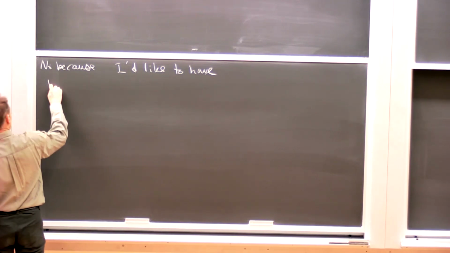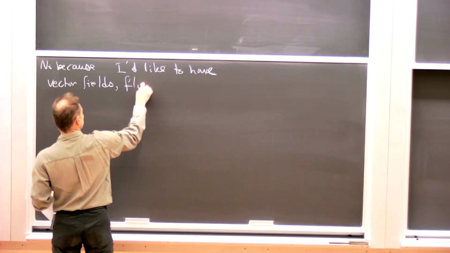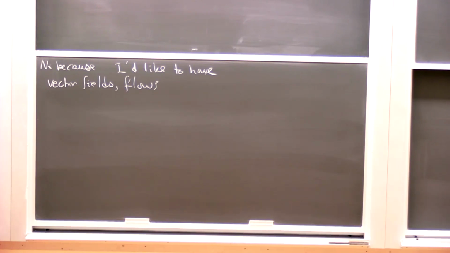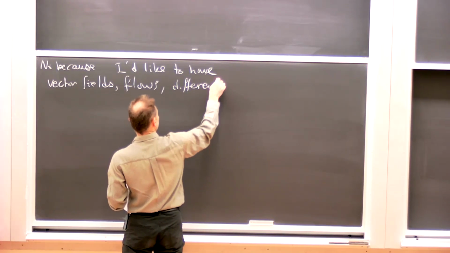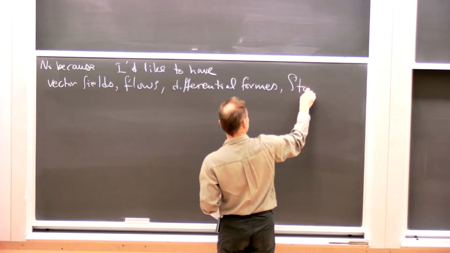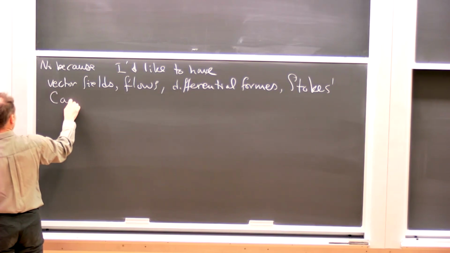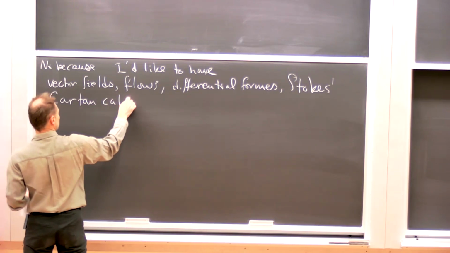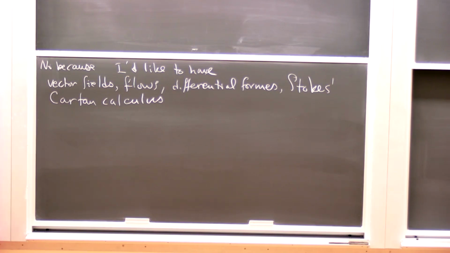I want to have vector fields, and I want to integrate the vector fields to flows. Differential forms, Stokes, Cartan calculus. I don't know the literature very well. It could be that some people have written it out, but I haven't seen it and I couldn't find it.